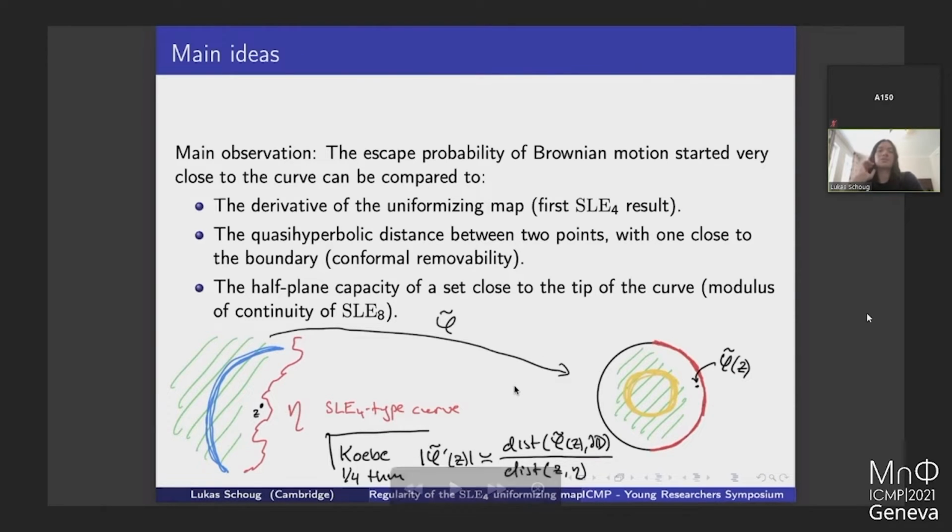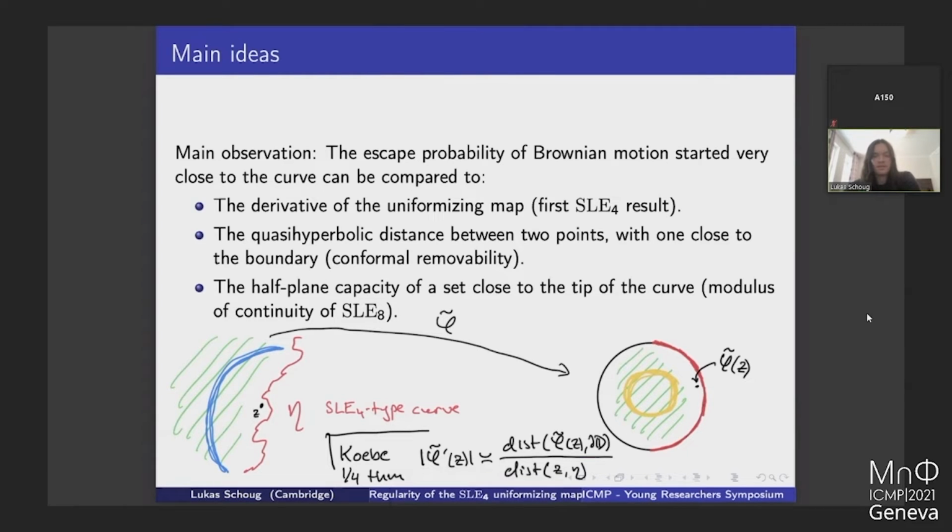So I'll just briefly explain how we actually approach this problem. The main motivation is that the escape probability of a Brownian motion started very close to the curve can be compared to several important quantities. So first, if you take the derivative of the uniformizing map, this is for the first SLE4 result, and you pick, say, a point z here, very close to the curve eta, say within distance epsilon to the curve, and you want to know the regularity of the map.